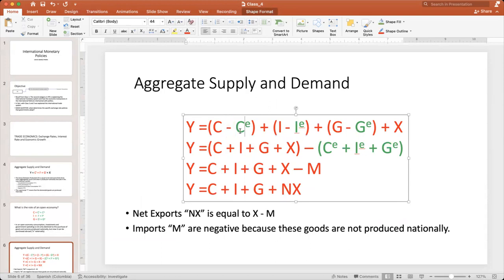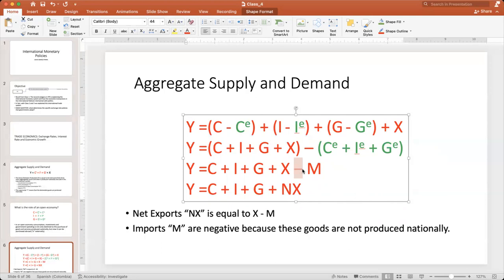Well, because if we sum up the consumption, the investment, and the public goods that are produced from abroad, this creates the imports of a country. Imports are introduced in the GDP with a negative sign because imports are not produced domestically.